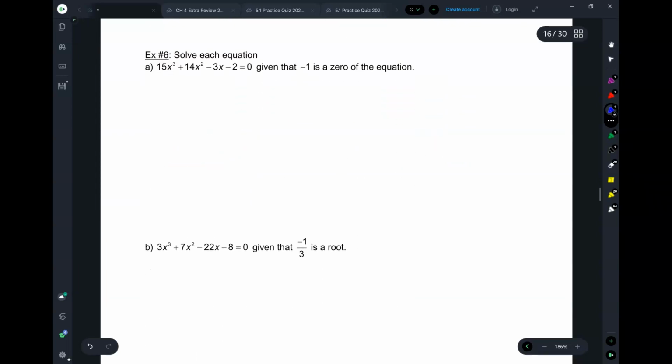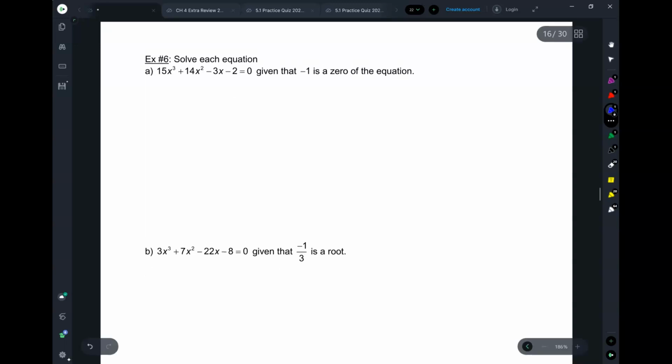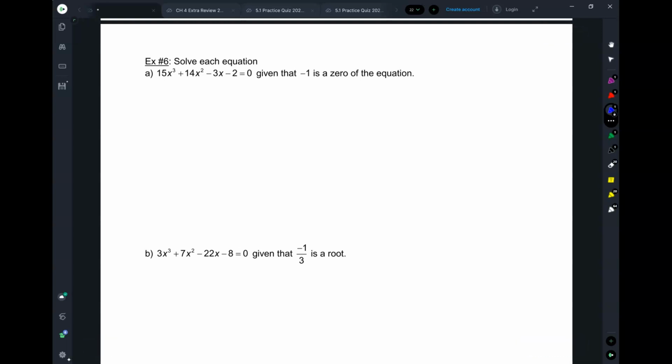So here we go. We're going to solve each equation given that we're given one of the roots. You know that -1 is a 0. So when you do synthetic substitution, you should get what? 0 for the remainder. So let's go ahead and do that.